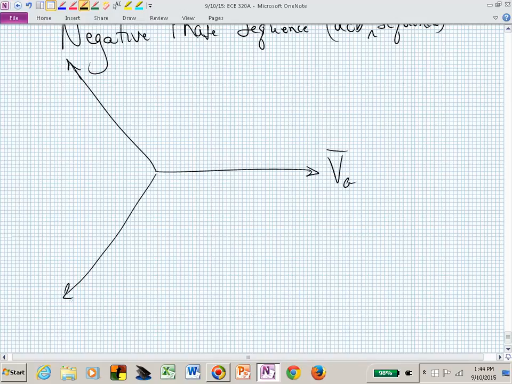Oh, I forgot to label them. Which is which? If these are still spinning counterclockwise, and if I'm still sitting here observing, I see A, then I see C, then I see B. So this is now V sub C, this is V sub B. And from that, I think you can say that now V sub A is V sub M at 0.